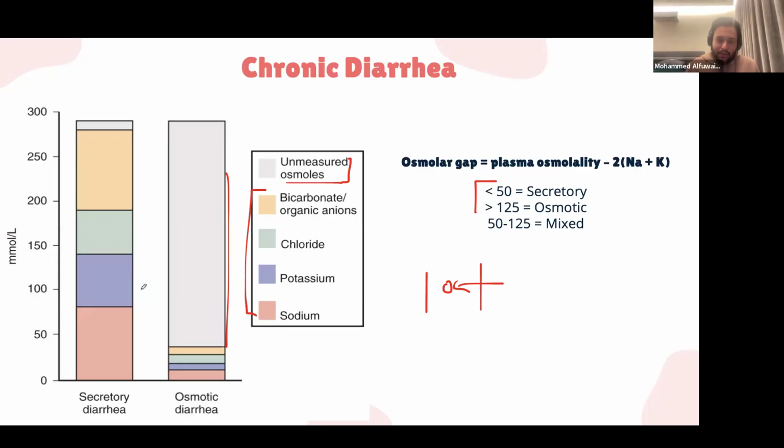Codeine can, but no, it does not cross the blood-brain barrier. Loperamide. Good. This is the drug I want you to remember.